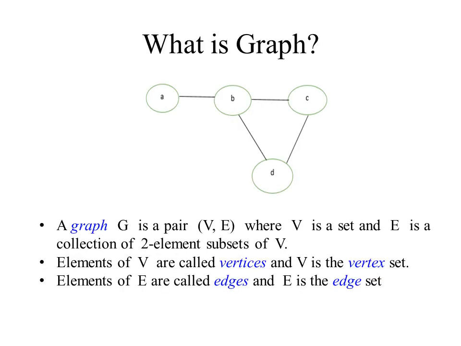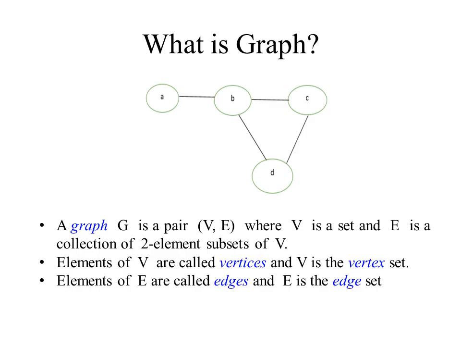First, we will see what exactly a graph is. Here is a diagrammatic representation of nodes A, B, C and D. A graph is a pair of V and E, where V is a set of all vertices.